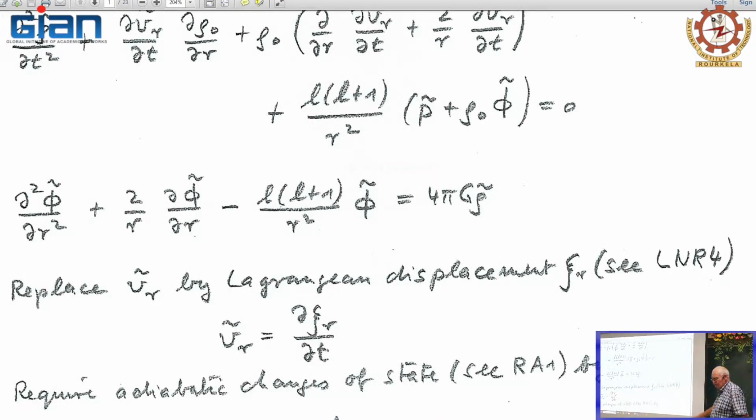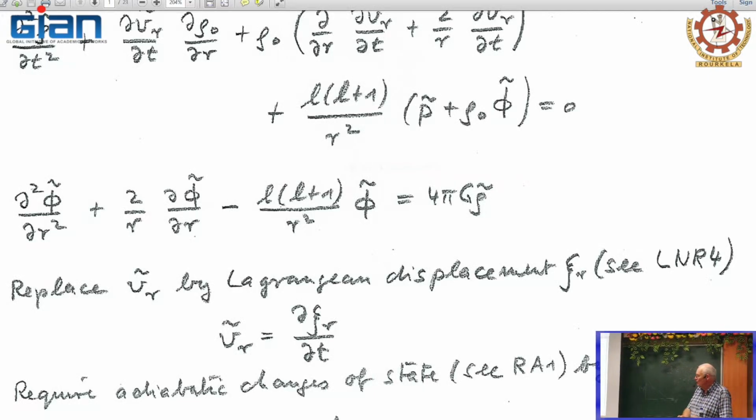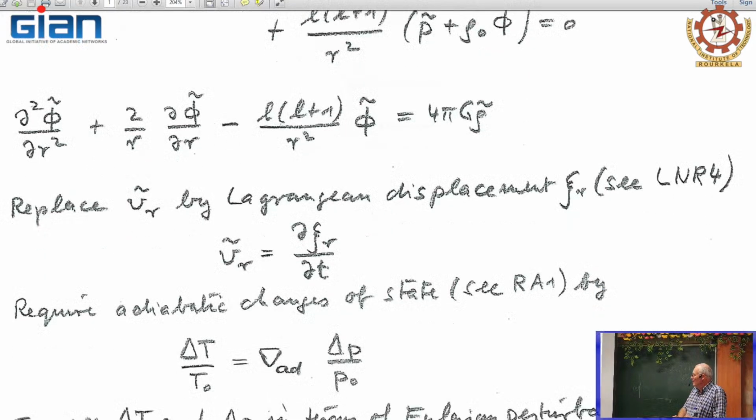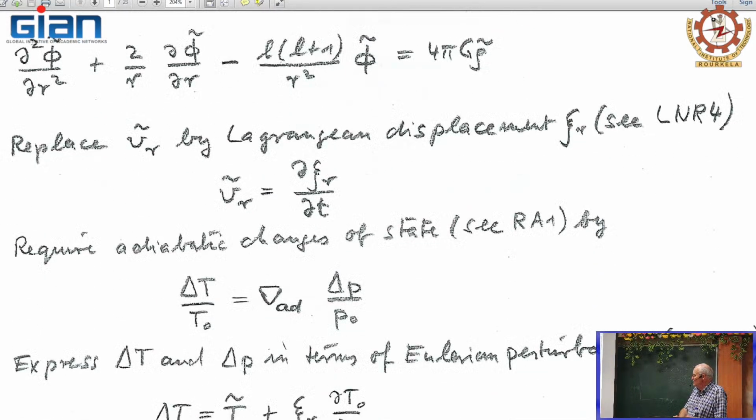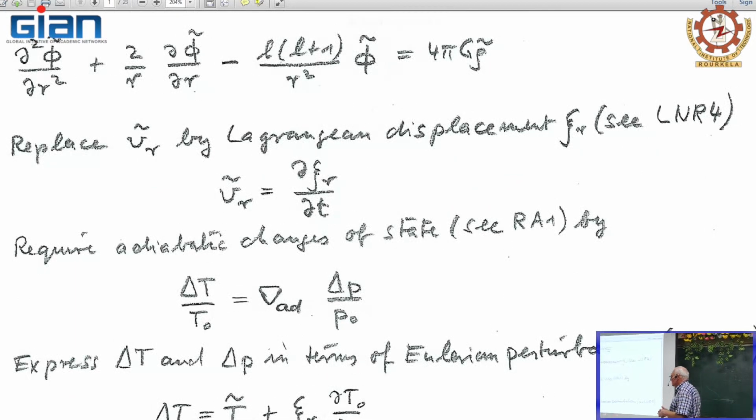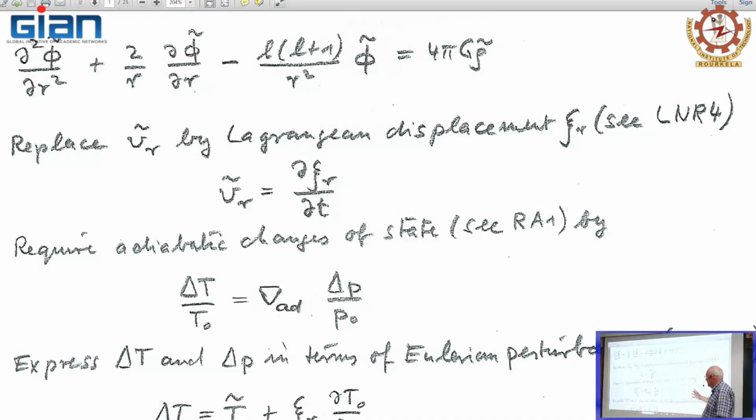Okay, this is one transformation or one assumption we make in order to arrive finally at the standard form of the non-radial adiabatic equations. The second one, of course, is the assumption which is basic to all of what we are saying here. It means that we require adiabatic changes of state.